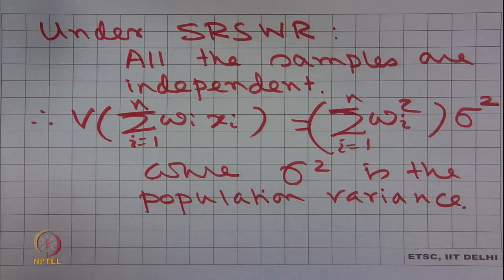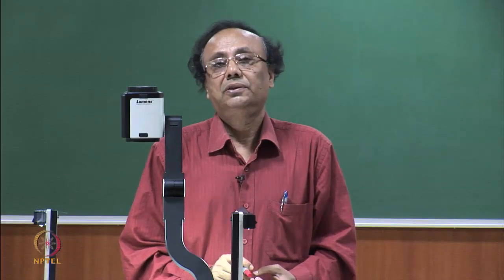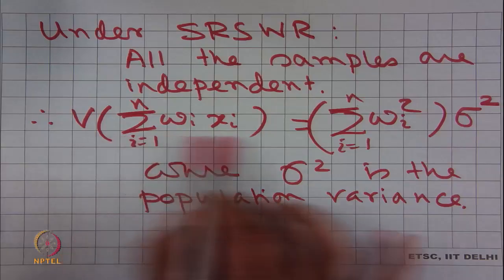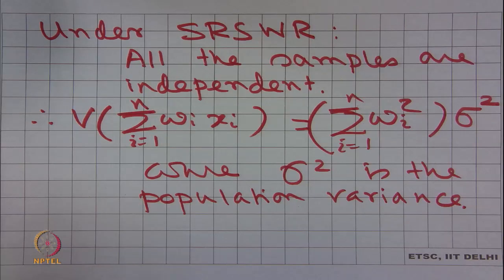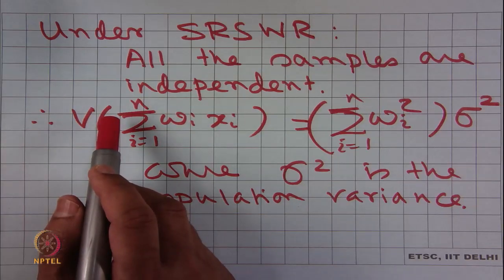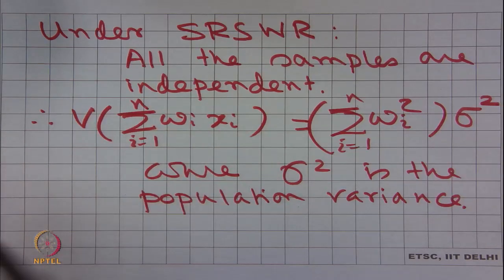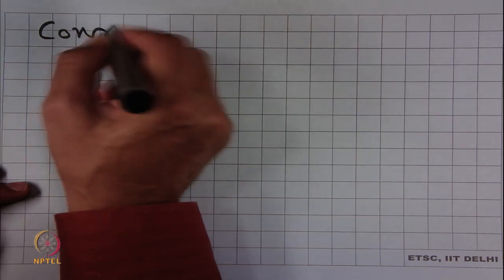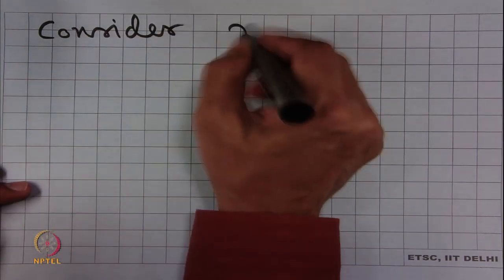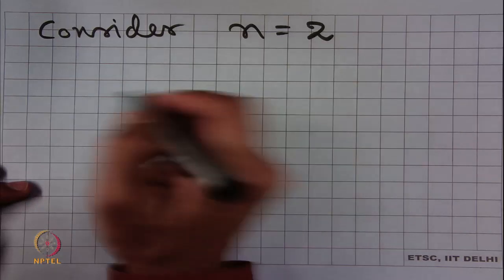So, the question is, how do we choose the weights of the different samples, so that the linear combination sigma wi xi is an unbiased estimator for mu and variance of sigma wi xi is the minimum? Consider n is equal to 2.